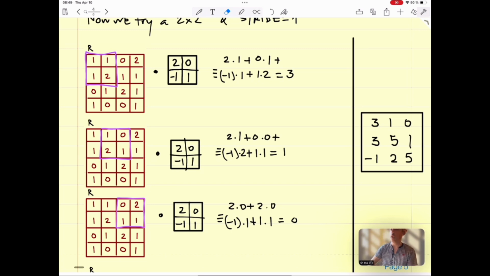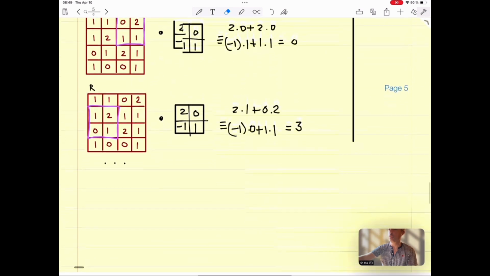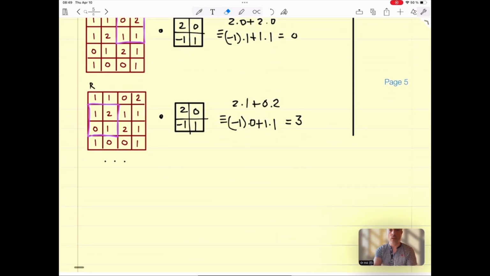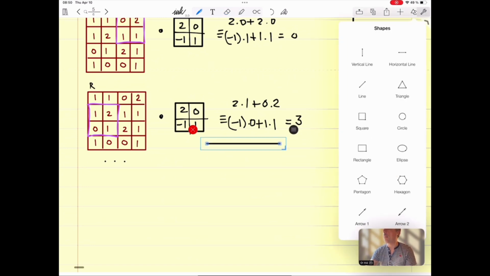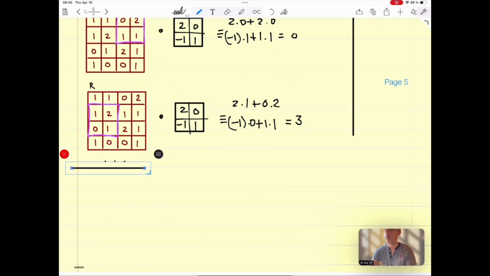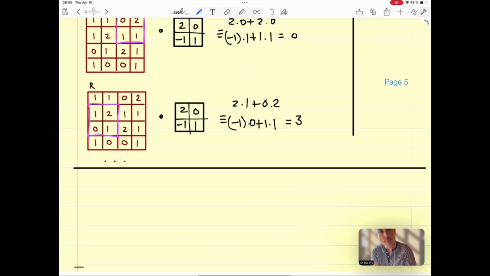So no rocket science, nothing that we cannot do with a piece of paper. All right, so any questions so far? No questions?